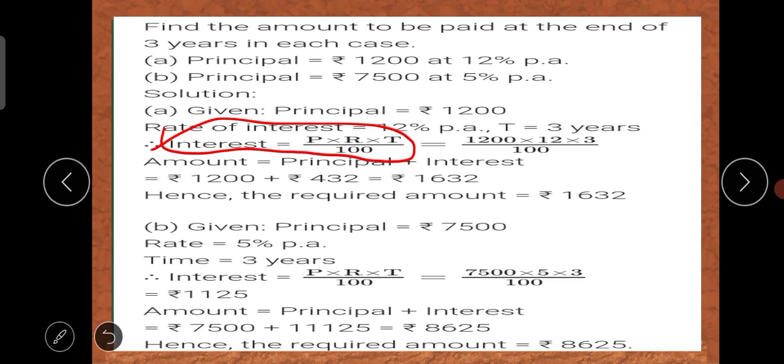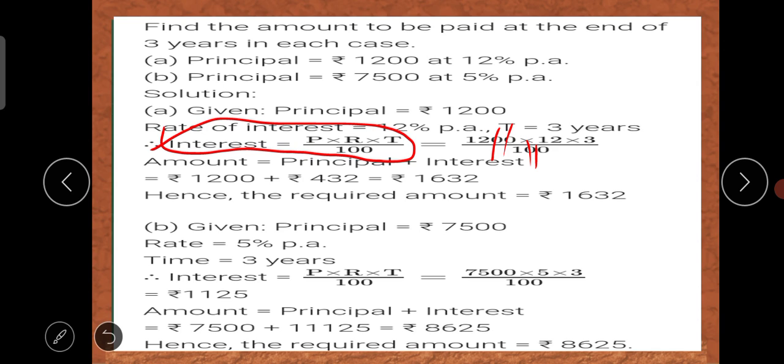Put the values: P is 1200, multiplied by rate 12, and time 3 years, upon 100. The zeros will be cancelled. We will get 12 into 3, that is 36, multiplied by 12 is 432.